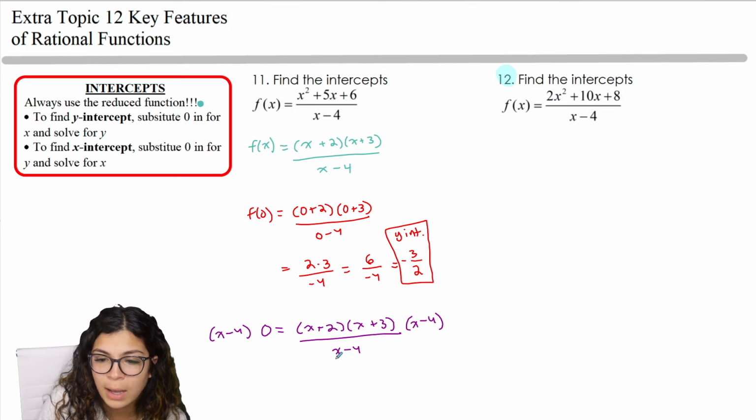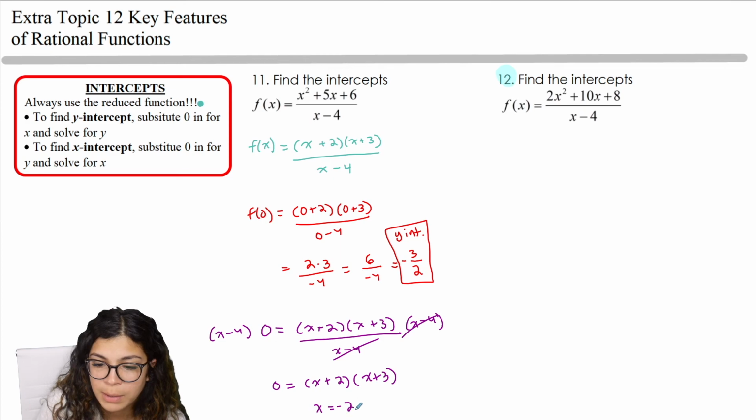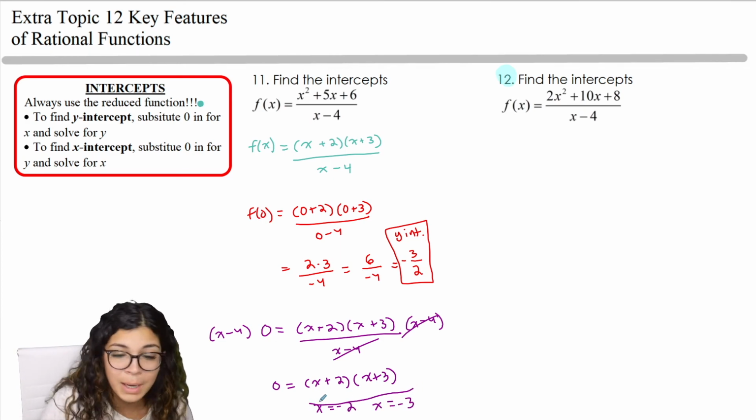That will cancel out the x minus 4, and the left-hand side would give me 0. So in other words, we're just finding what makes the numerator 0. This would give me x equals negative 2, and this would give me x equals negative 3. So these two are my x-intercepts.